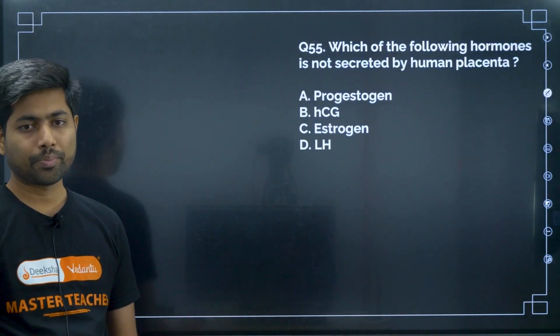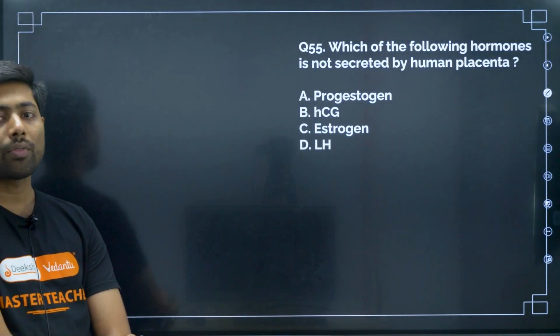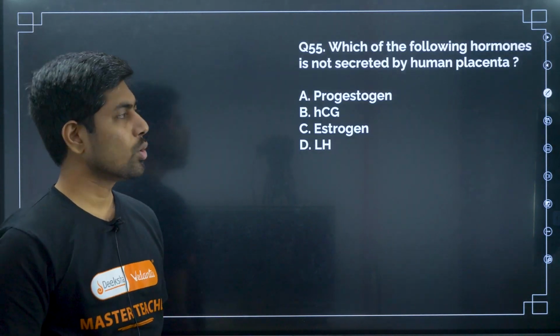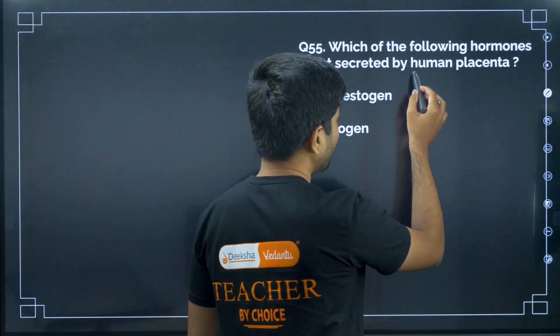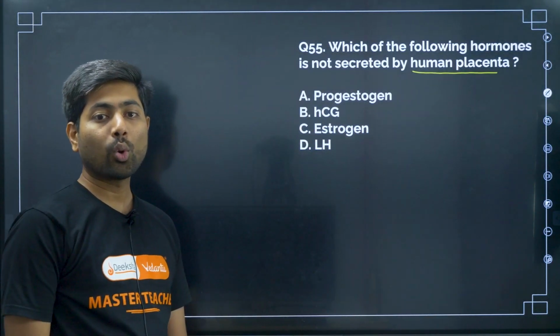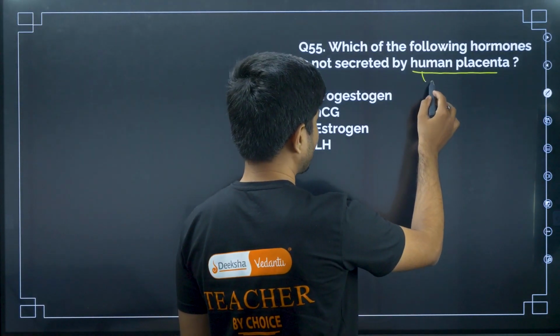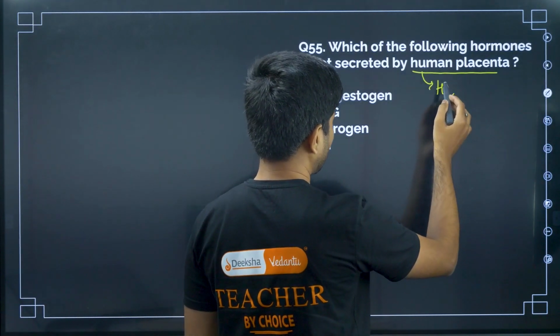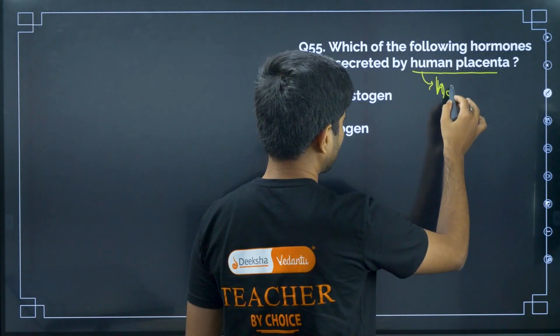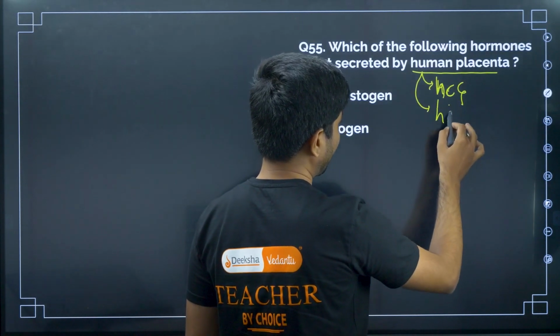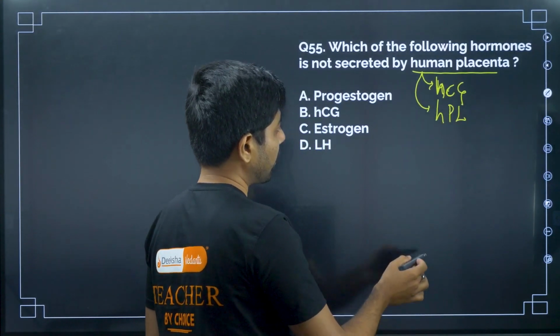Option A. 55, which one of the hormones is not secreted by the human placenta? In human reproduction, you study the human placenta and its endocrine function. The endocrine function of the human placenta is to secrete HCG, human chorionic gonadotropin. It will secrete HPL, human placental lactogen.